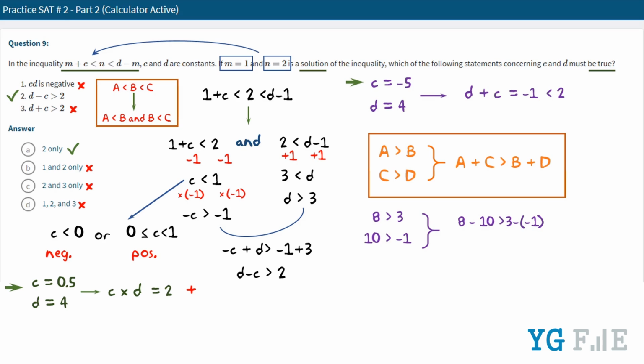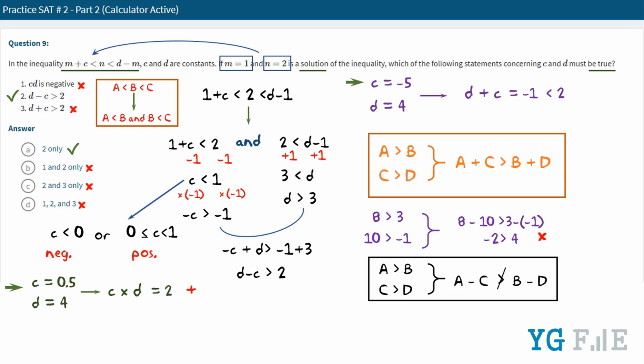And we know that 8 minus 10 is minus 2 and 3 minus minus 1 is 4. So now we have minus 2 is greater than 4, which is of course not true. From this example, we can conclude that if we have a is greater than b and c is greater than d, then a minus c is not always greater than b minus d. So we need to be careful if we want to add or subtract two inequalities.